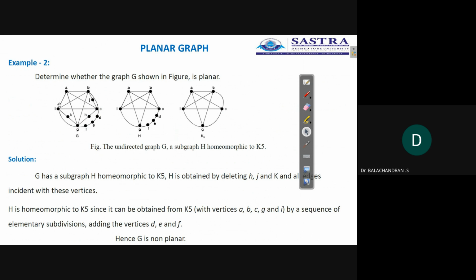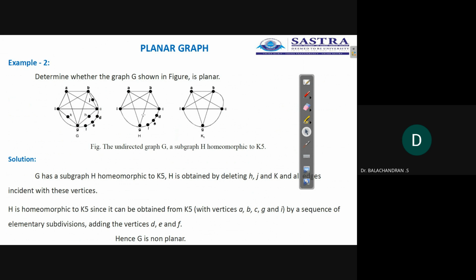So look at this graph H. Look at A, B, C, G, I. A, B, C, G, I is a complete graph on 5 vertices, which is a subgraph in H. So this is also non-planar.